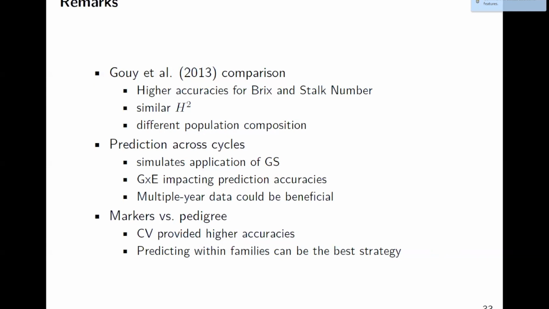There's one important difference between their study and this one, which is the population composition. In their study, they were using varieties and clones derived from breeding programs all over the world. I think that's the main difference.